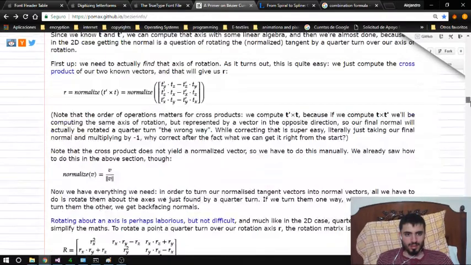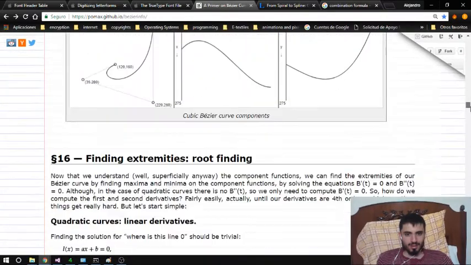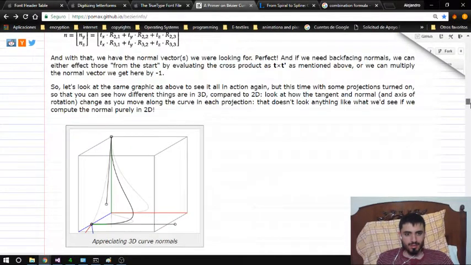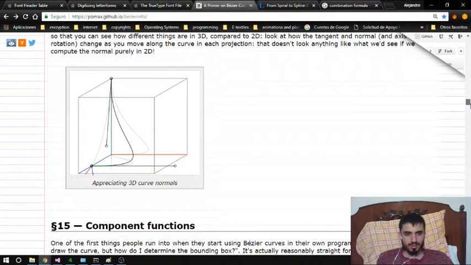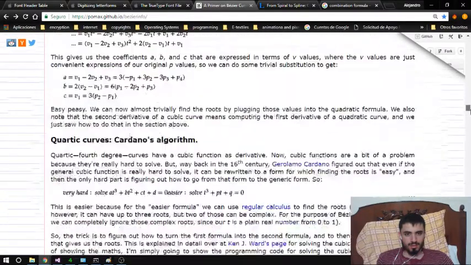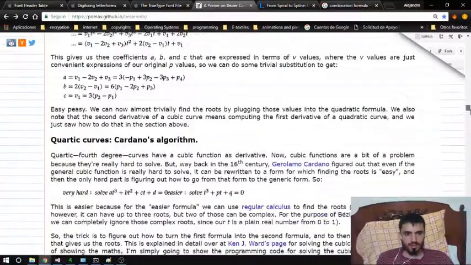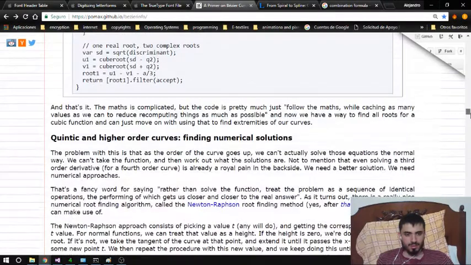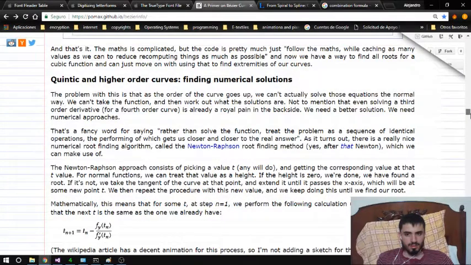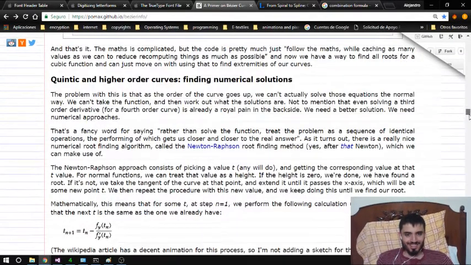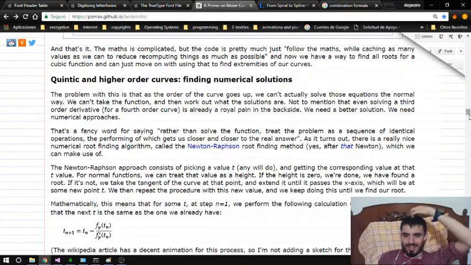Oh man, this guy gets really deep. Good. Newton Raphson. Yes.